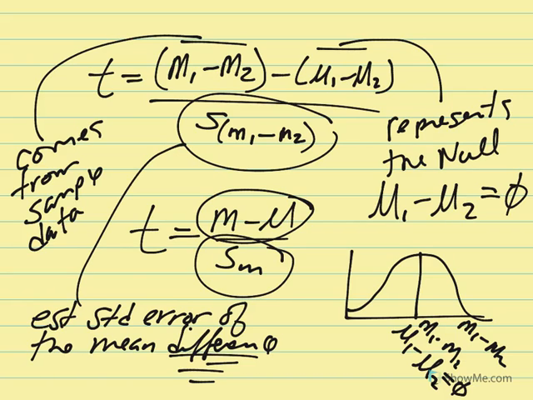But now in this chapter it represents the average difference that we would expect between these two sample mean differences and the null, or we may have another sample difference over here. So notice that they're not all equal to 0, and the estimated standard error of the mean difference is the average mean difference between samples compared to the average mean difference of the population, which again comes from the null and is always equal to 0.